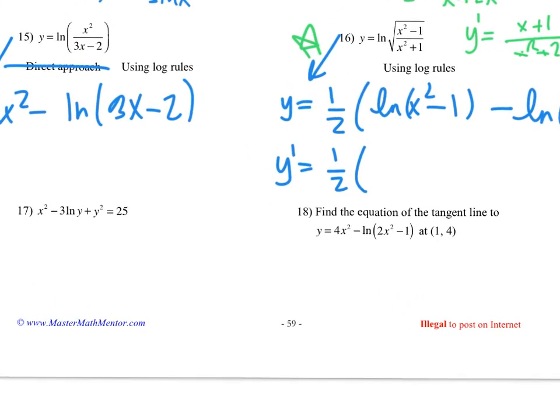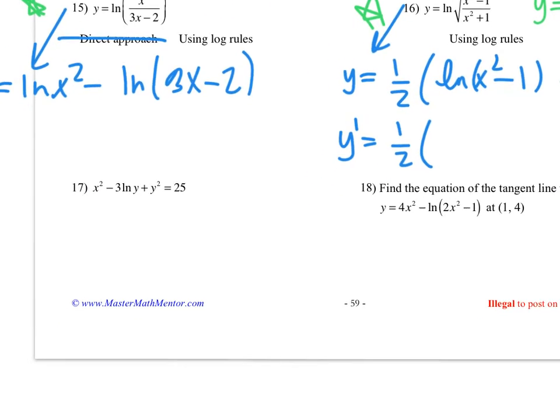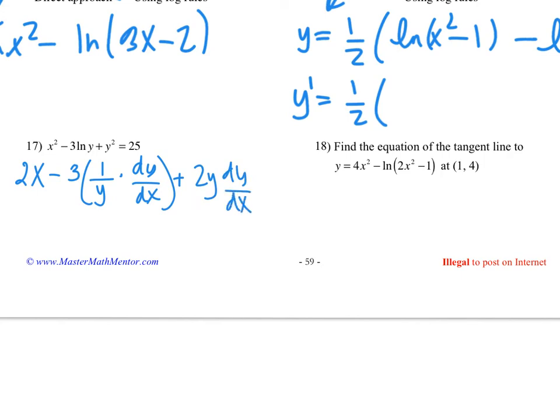Since we have implicit differentiation in our tool belt, we're going to see implicit on 17 and 18. I'm going to do 17 with you, and I'd like you to do 18 on your own. 17: 2x minus 3 times 1 over y dy dx plus 2y dy dx equals 0.